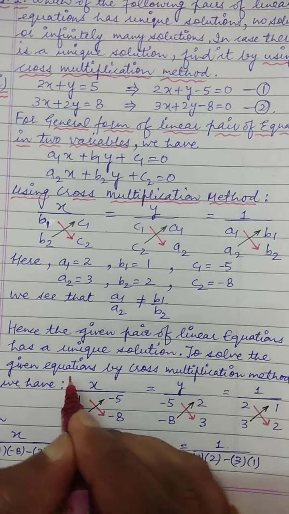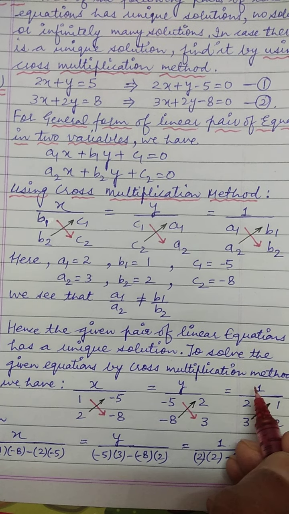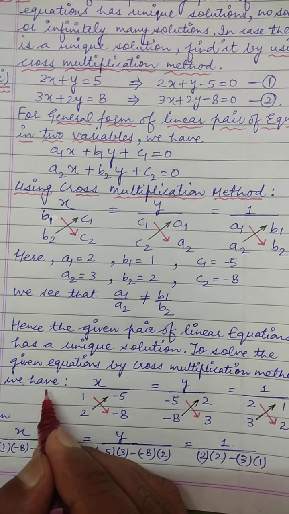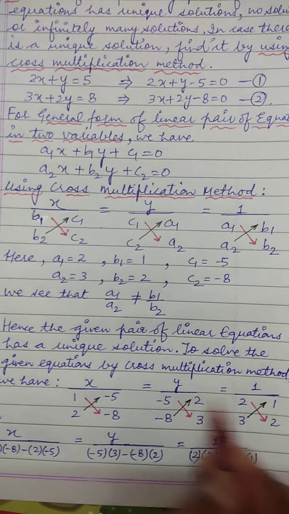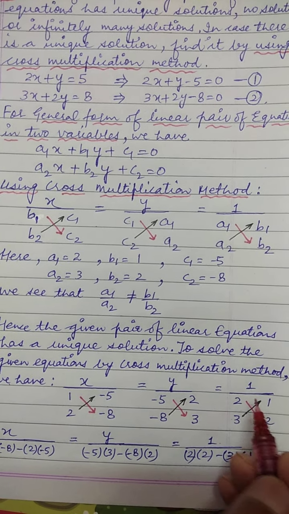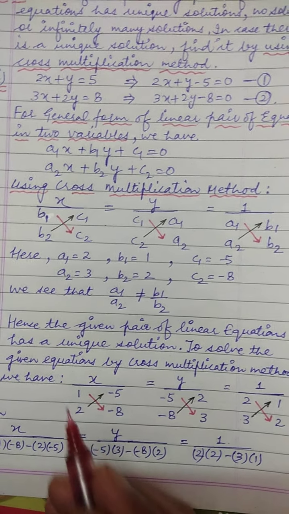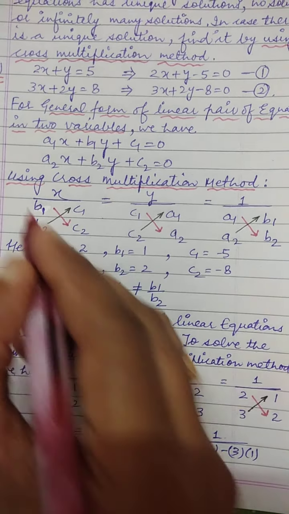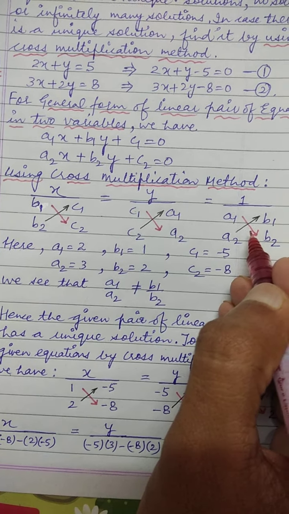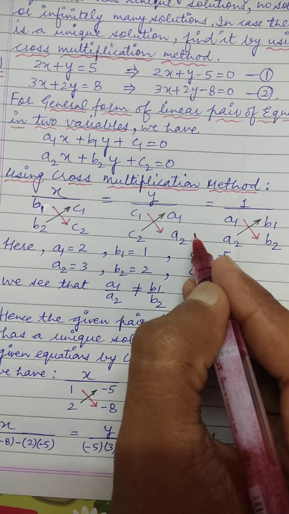And to solve the given equations by the cross multiplication method, we will make the column of the x variable, y variable, and the constants. So substituting the values of a1 a2 b1 b2 c1 c2 in the given formula, which I have told you earlier also.